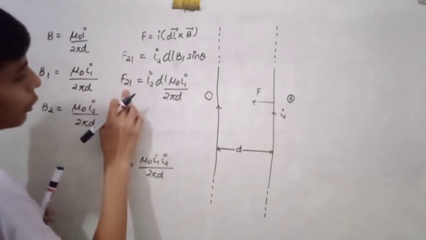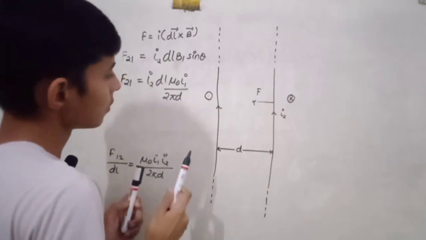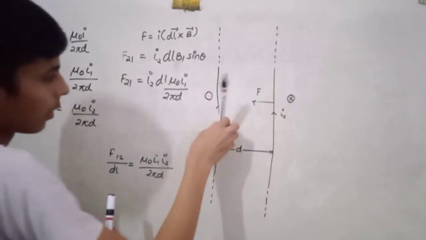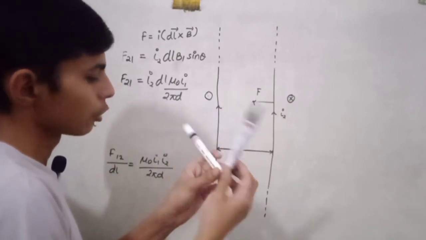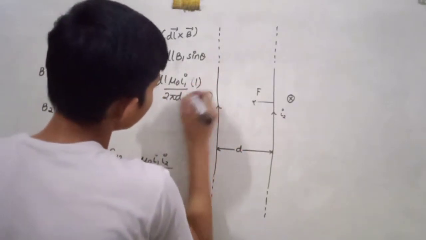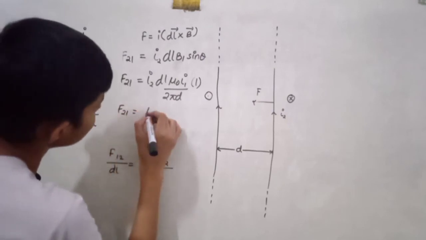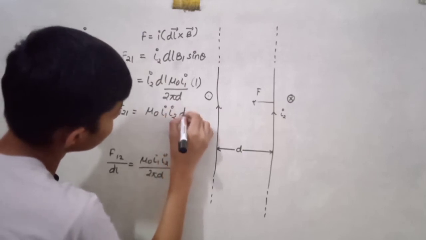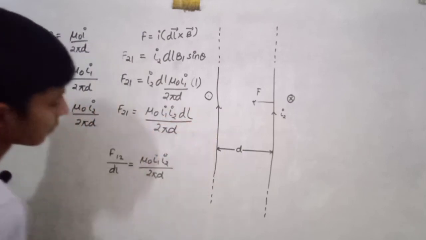Force on 2 due to 1. So this is the current and this is the magnetic field. So the angle is 90 degree. The value of sin 90 is 1. And then F21 equals mu naught I1 I2 dl divided by 2 pi d.